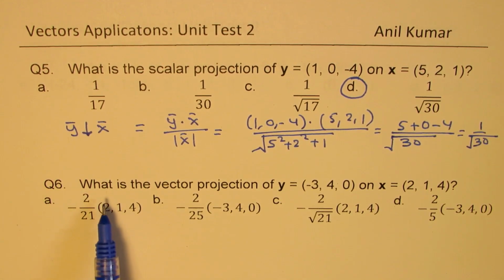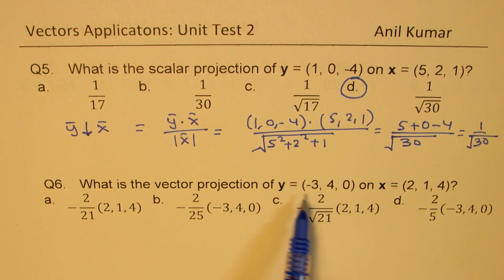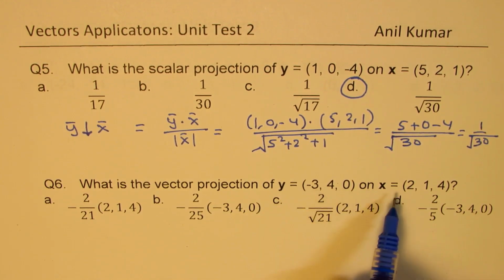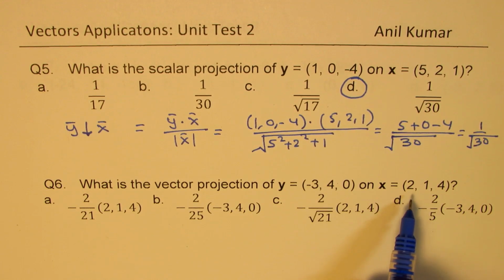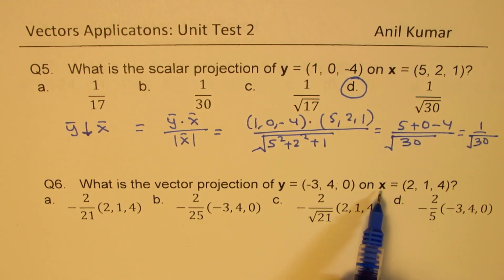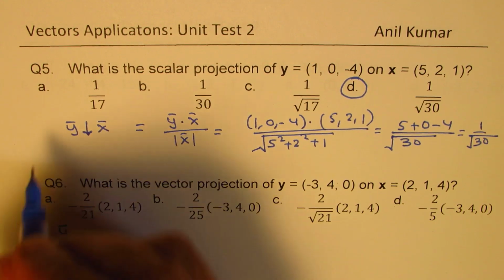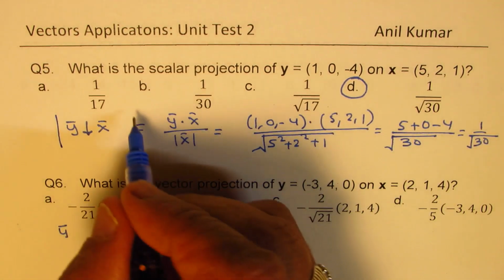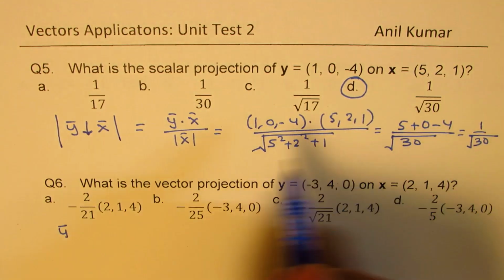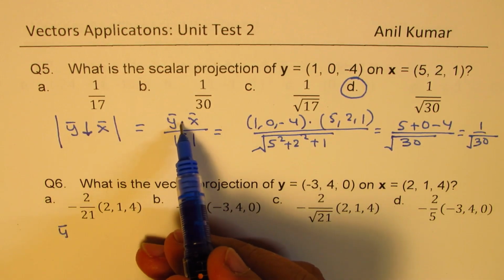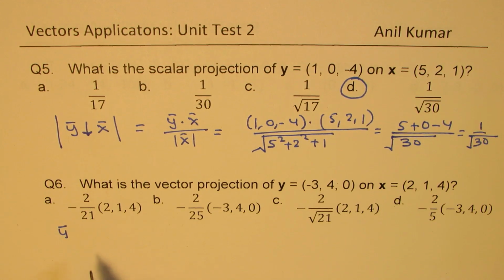Question 6. Write the vector projection of Y on X, right? So when we say vector projection, it has a direction, and the direction is in the X direction, right? So now I could have written it like this. We're just talking about this magnitude part. Now this is a scalar quantity, so we get the answer.